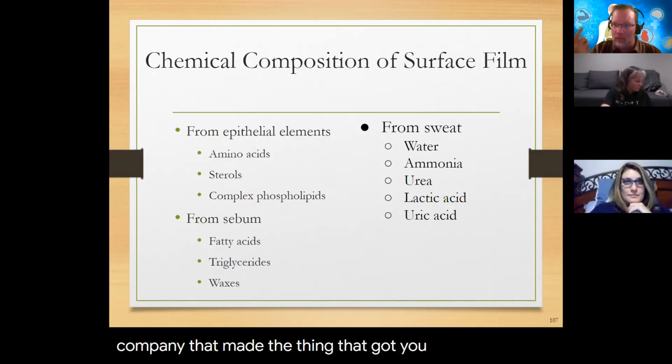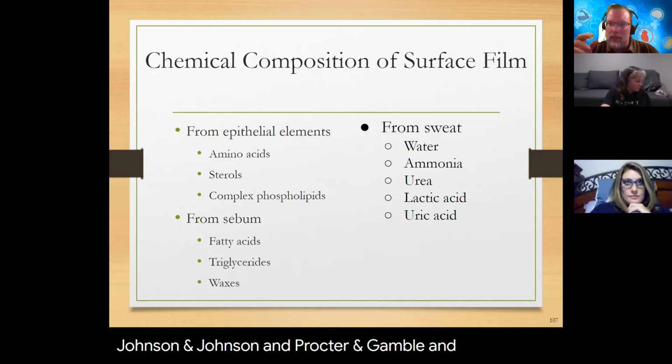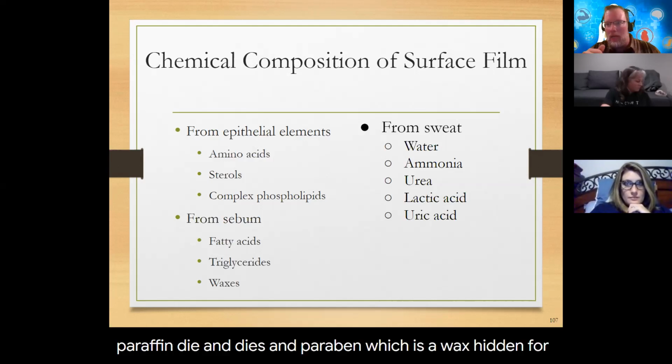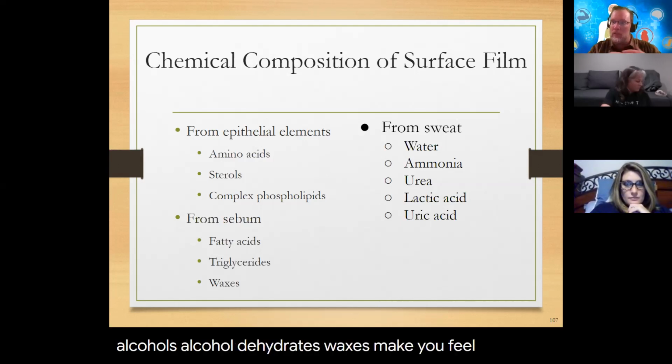So you've got to be careful with that vicious cycle of Johnson and Johnson and Procter and Gamble and some of these big names that are pumping out lotions filled with waxes and alcohols and paraffin and dyes and paraben, which is a hidden form of a wax name. There's a bunch of OLs, right? Alcohols, alcohol dehydrates. Waxes make you feel like your skin's smooth.